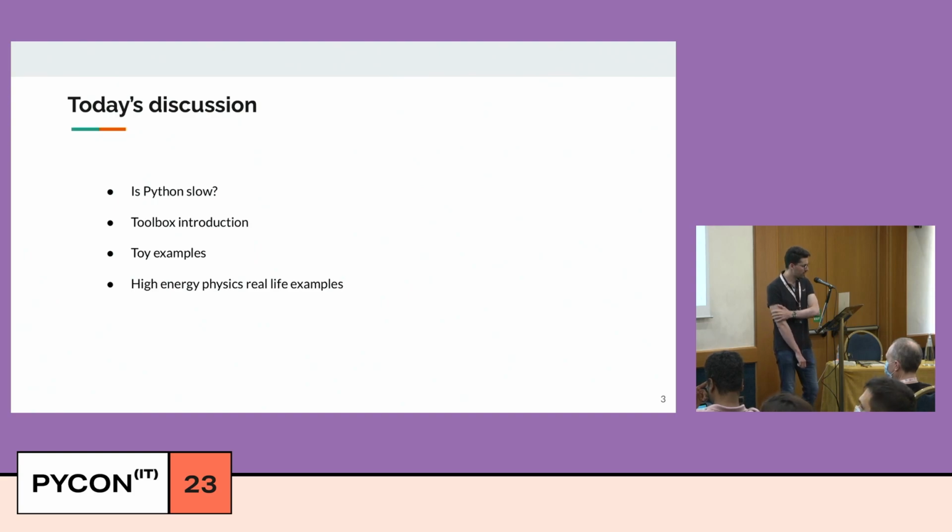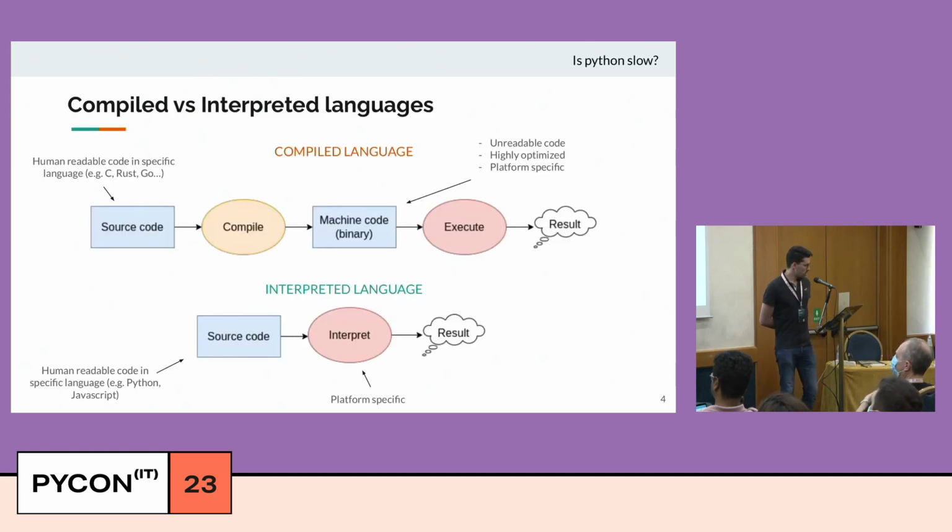Second, we will have a small introduction to a kind of toolbox of instruments to speed up these examples. And then I'll show some toy examples and also real-life, more complicated ones, from my high-energy physics experience.